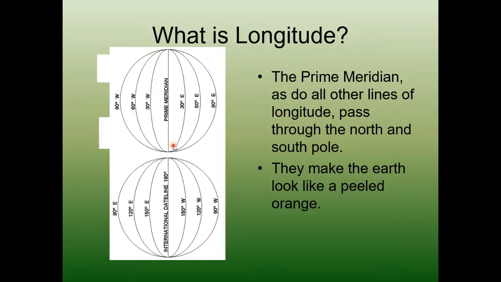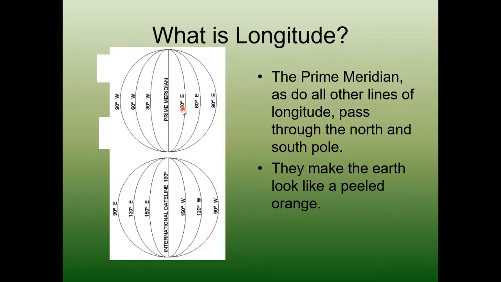So these are not parallels. You can see that they meet here at the North and South poles, okay? You'll sometimes hear these called lines of longitude or just simply meridians. This line, though, the 0 degrees, is the only one that is referred to as the prime meridian.